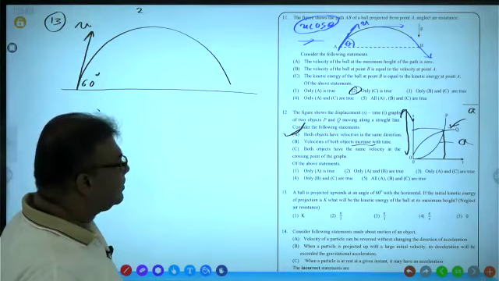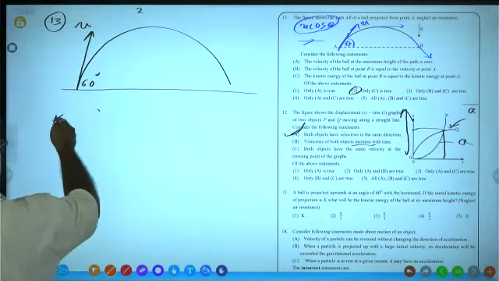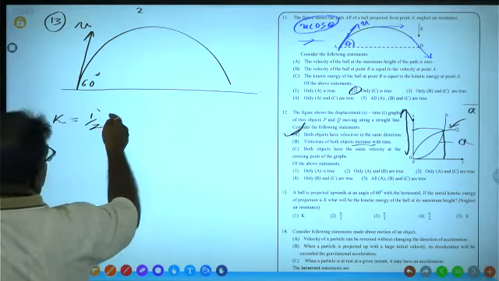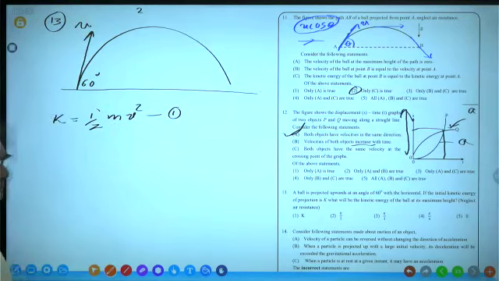The kinetic energy at the initial projection is K, and K is written as half m u squared, like this one, the first one.